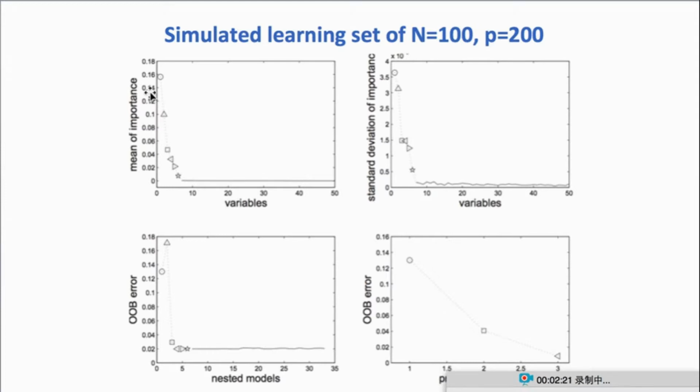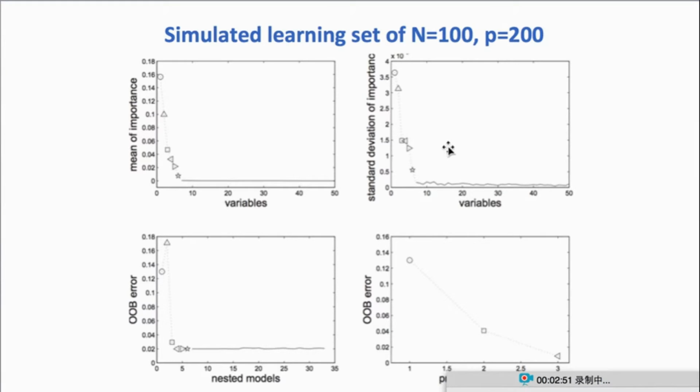The top left graph shows the results of variable ranking. The 50 most important variables are plotted in this graph. You can see that the top 6 are true variables, with the other noisy variables having an importance very close to 0. The top right graph shows the corresponding standard deviation of the variable importance index.